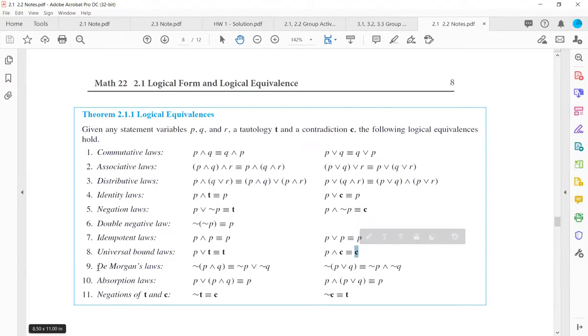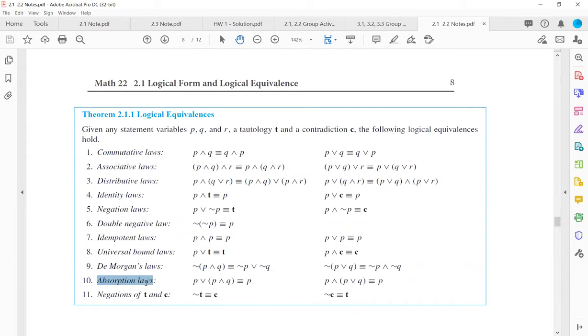We have already talked about De Morgan's laws. If we distribute negation over and, then the outcome is the negation of the statements, and the negation of and is going to be or. Well, if we distribute negation over or, it's going to be the negation of those statements, and the negation of or is and.